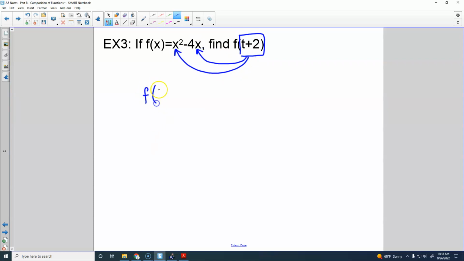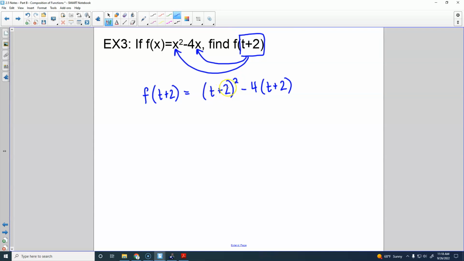So f of t plus 2 would be (t plus 2) squared minus 4 times (t plus 2). It's a different way of asking, but it's basically the same here. So now, technically, this is what this equals, but probably you're going to see answers that have been simplified.